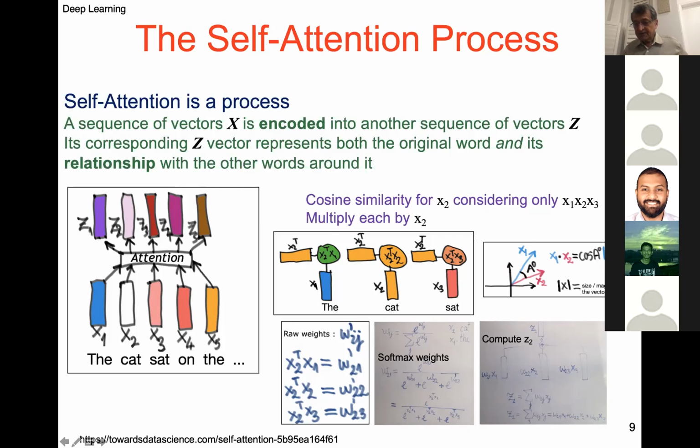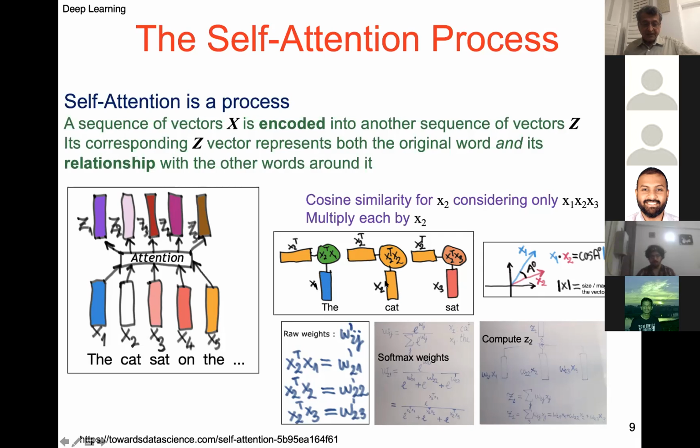So the dot product is proportional to the cosine of the angle. The cosine of the angle has a high value when the angle is 0. So if this is the case, let's just do dot products.